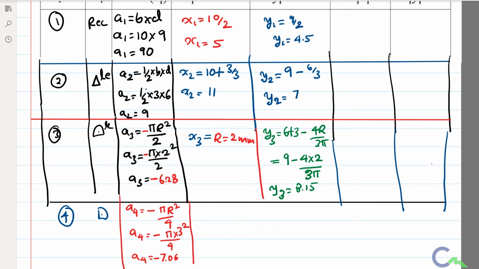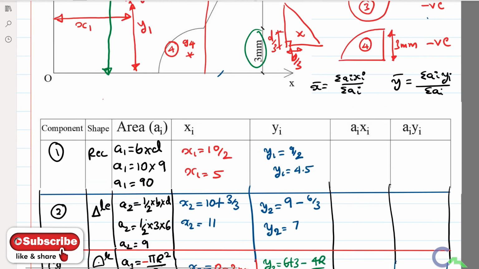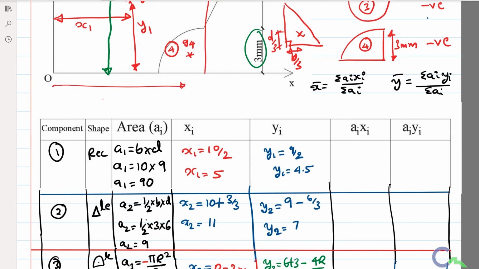Then I have to consider x4 and y4. So x4 from the OY reference axis I can take here. Then y4 from the OX reference axis I will take here.